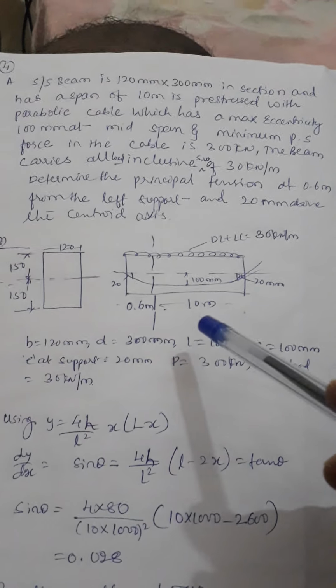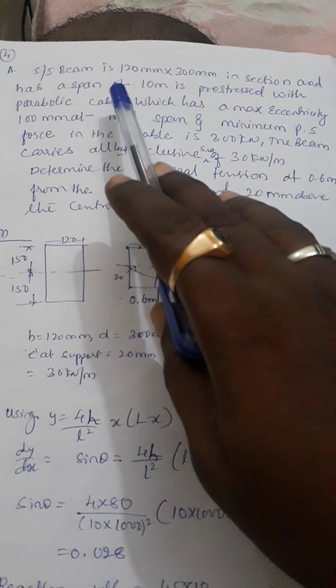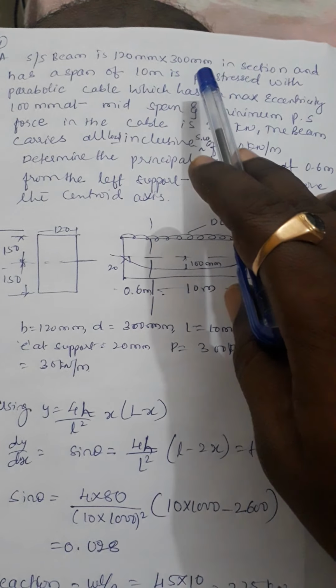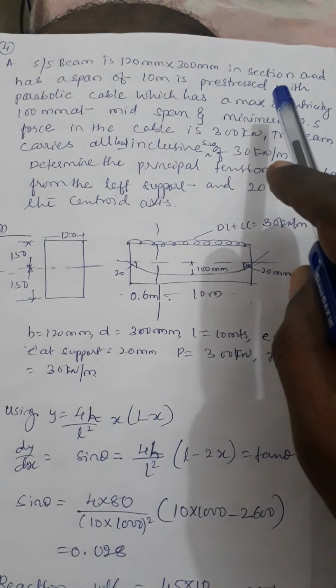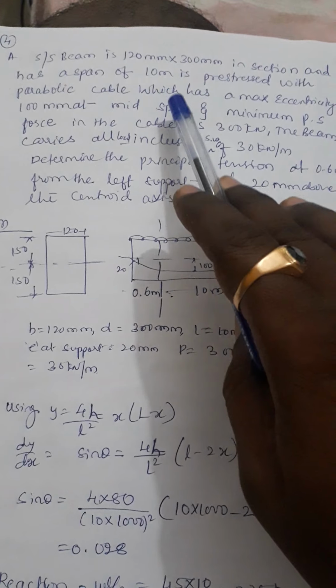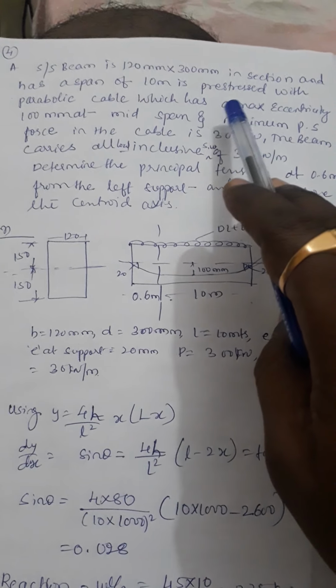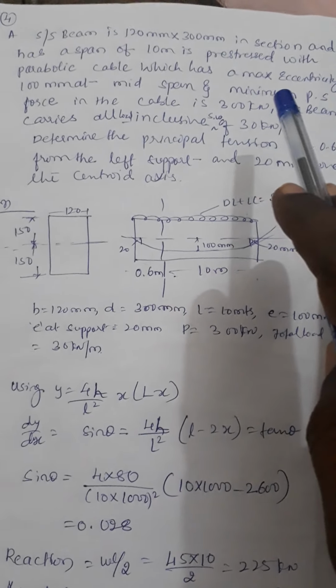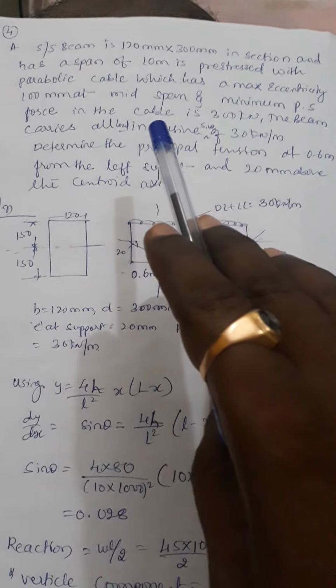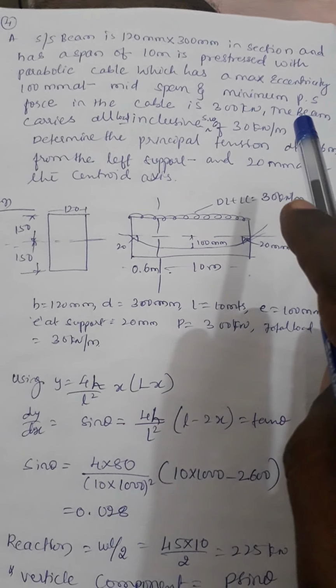Okay, problem number 4. A simply supported beam, 120 mm by 300 mm deep in section, has a span of 10 meters and is pre-stressed with a parabolic cable which has a maximum eccentricity of 100 mm at its midspan and a minimum eccentricity of 20 mm at the end support.